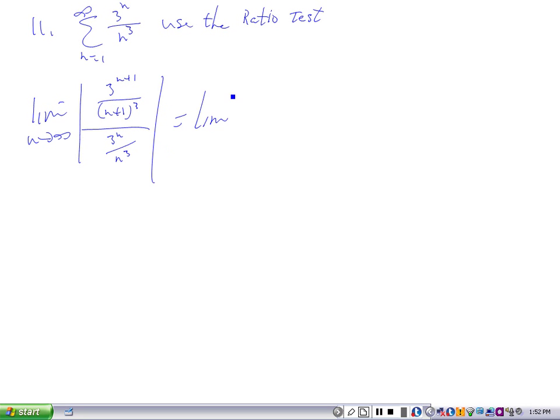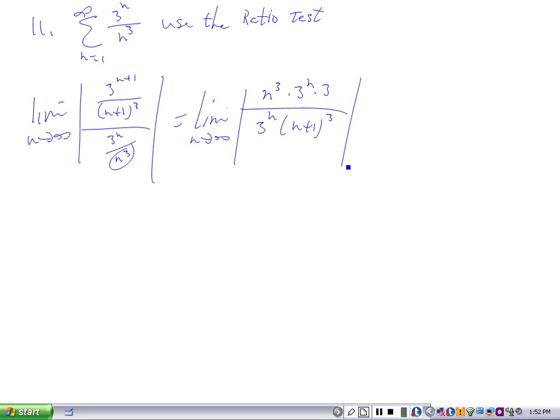This is the limit as n goes to infinity of the absolute value. To simplify what we have, n cubed comes upstairs, times 3 to the n times 3, and this is now all over 3 to the n times n plus 1 to the third power.